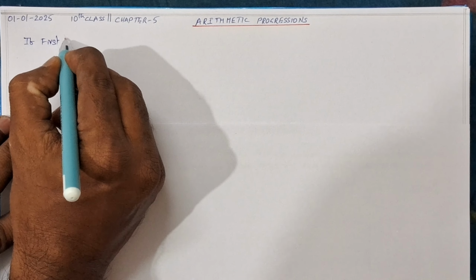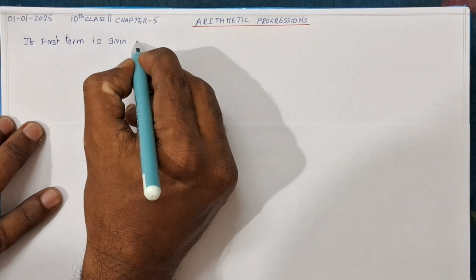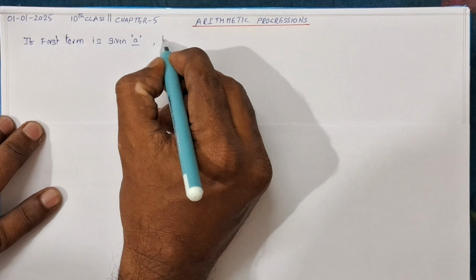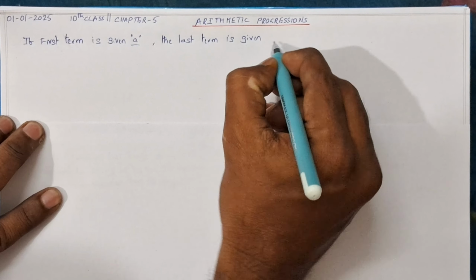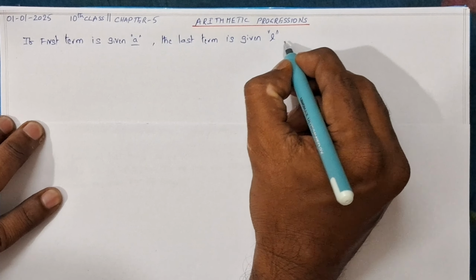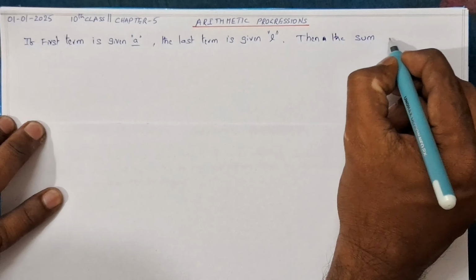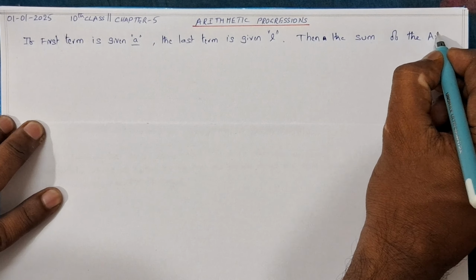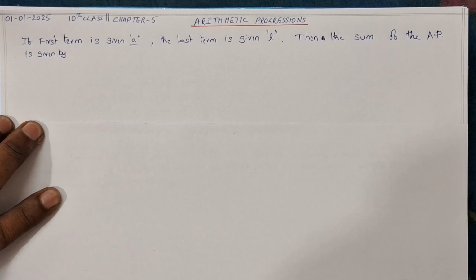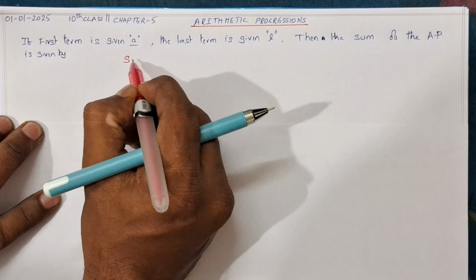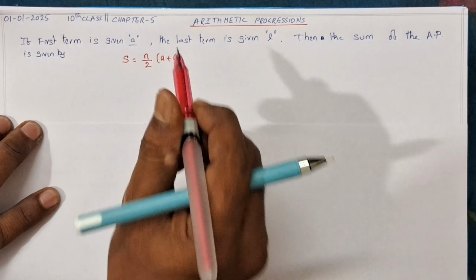If the first term is given and it is denoted by A, and the last term is given and is denoted by L, then the sum of the arithmetic progression is given by S is equal to number of terms divided by 2 into first term plus last term.